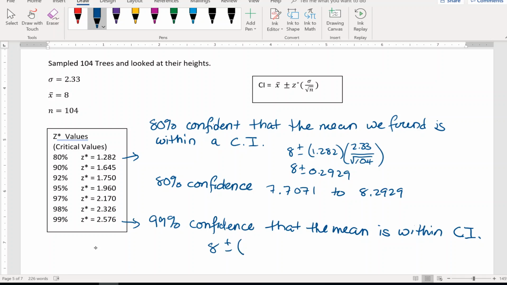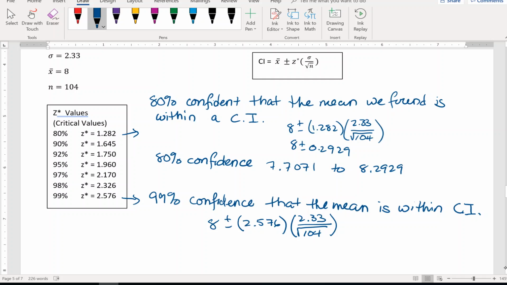Now our critical score that we're going to use here is 2.576. And this is multiplied by 2.33 divided by the square root of 104. And that gives us here 8 plus or minus 0.5885.